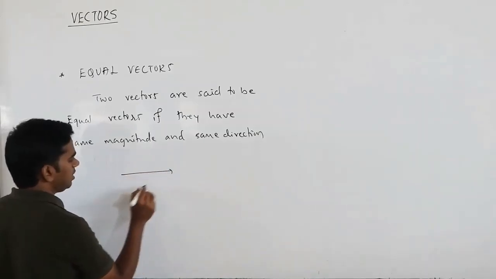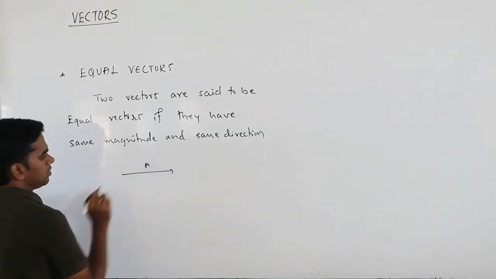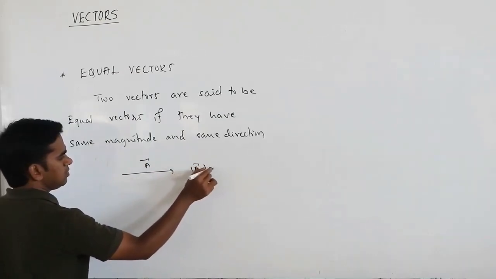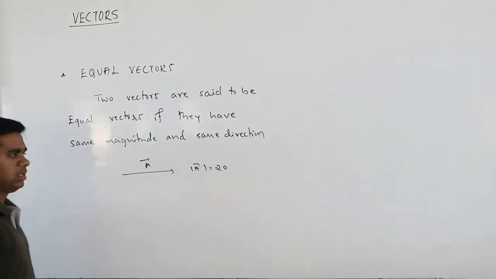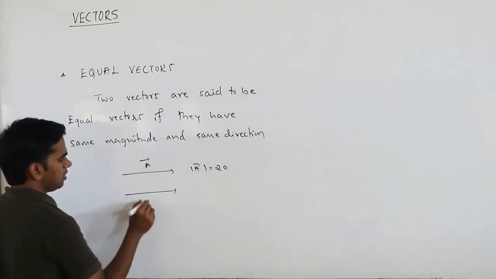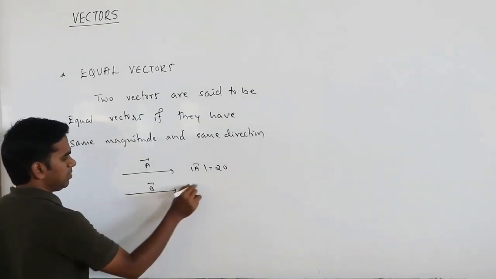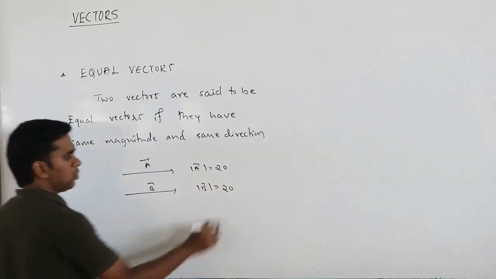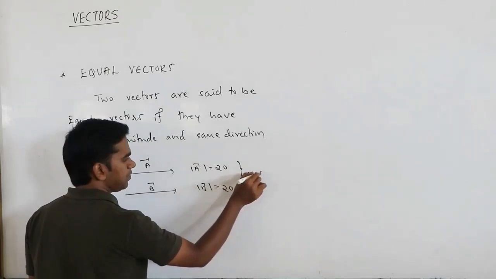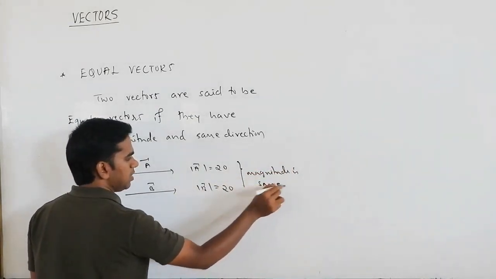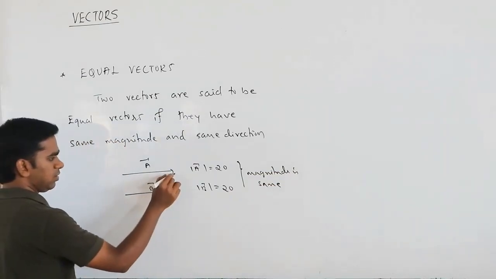Suppose you have the vector A here, and its magnitude is say 20. The other vector is also here, this is vector B, and its magnitude is also 20. The magnitude is same, and the direction is also same.